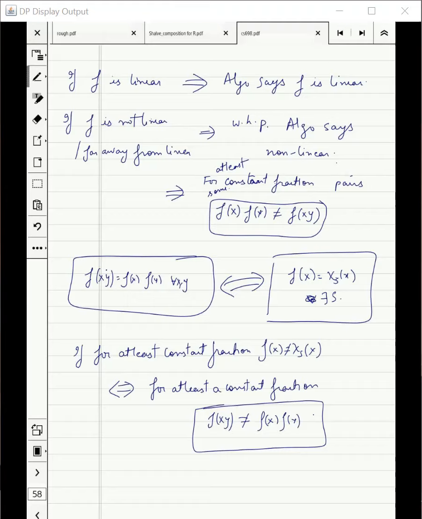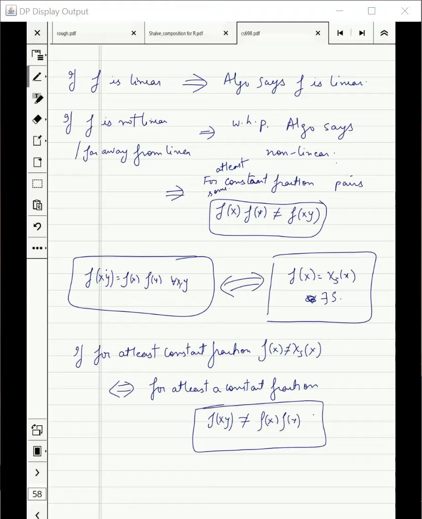What will happen is, if you pick an x where it agrees with chi_s(x), and you pick another x where it does not agree, then the linearity might or might not be satisfied. So it is very weird, right? You don't know whether on xy they will agree or not.